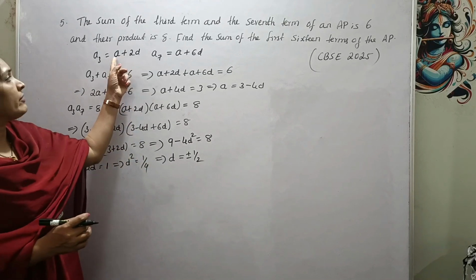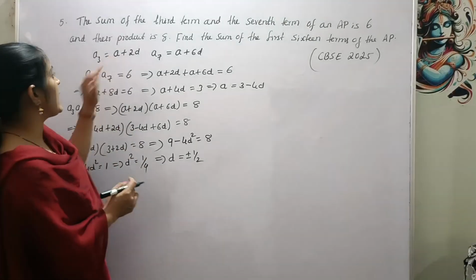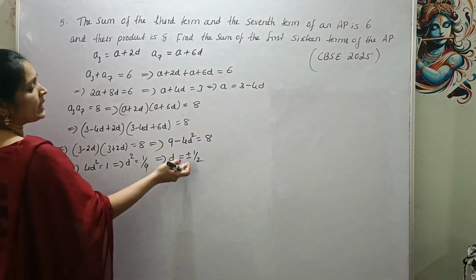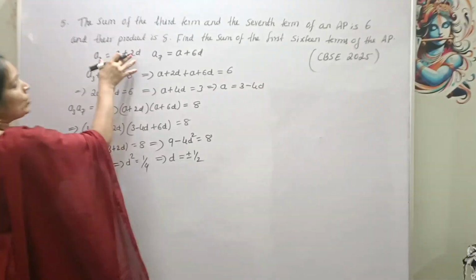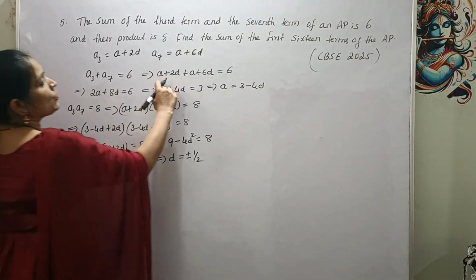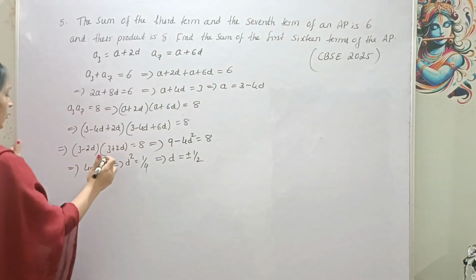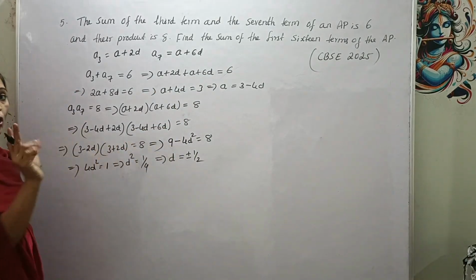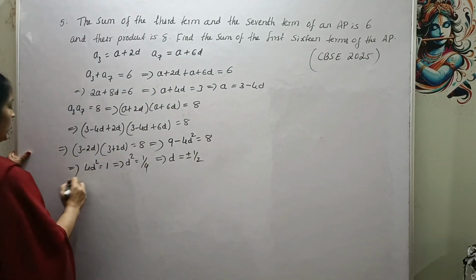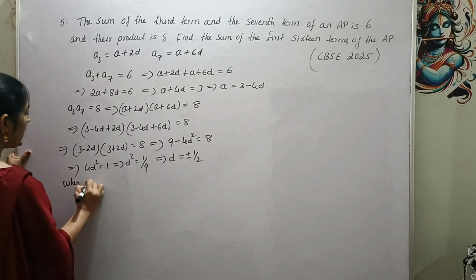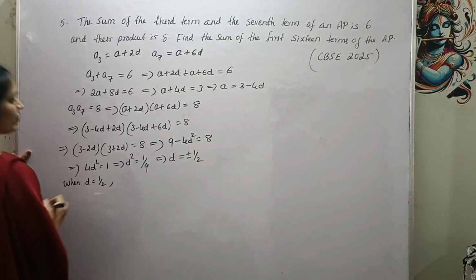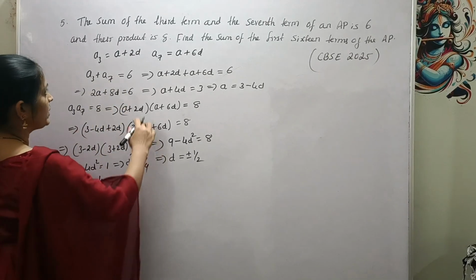Next we need to find the value of A. So substitute D is equal to plus or minus 1 by 2 in any of these equations, right? Here we have got two values for D. When D is equal to plus 1 by 2, what is the value of A?